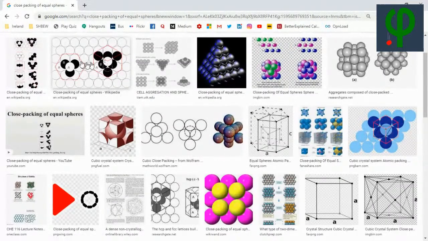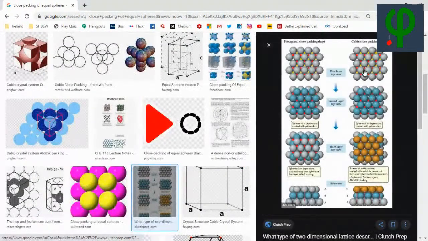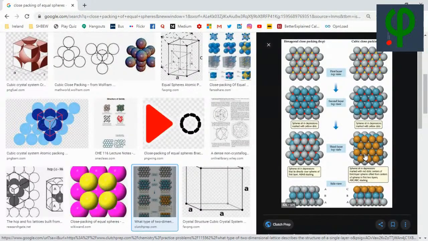So basically if you have perfect regular equal spheres, at their maximum density you get one of two patterns, and the two patterns are density interchangeable, but one of them has 3 layers, A, B, and C, like this, because the triangles will point different ways on the third layer.